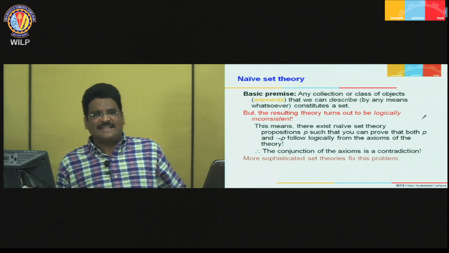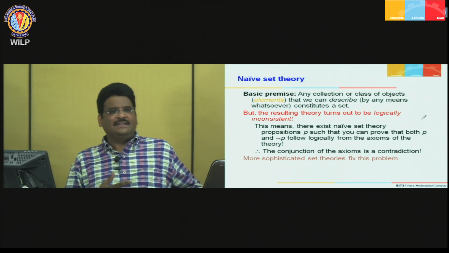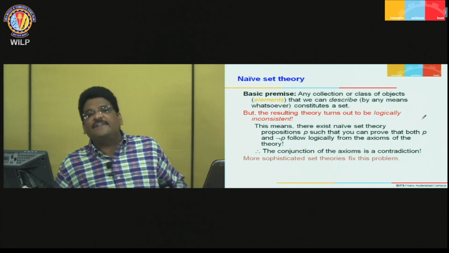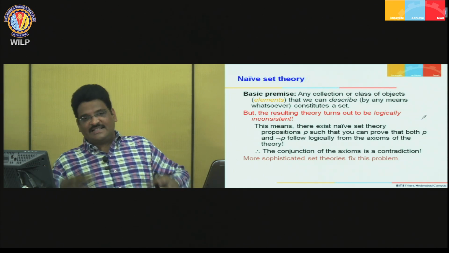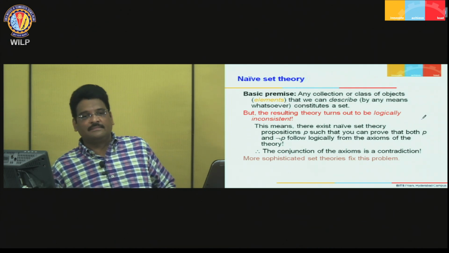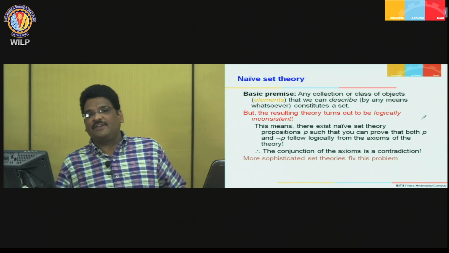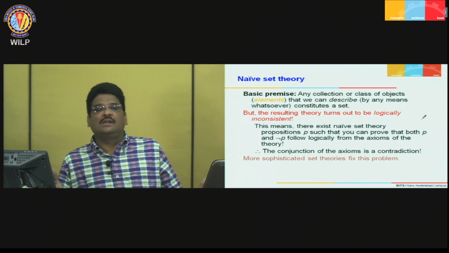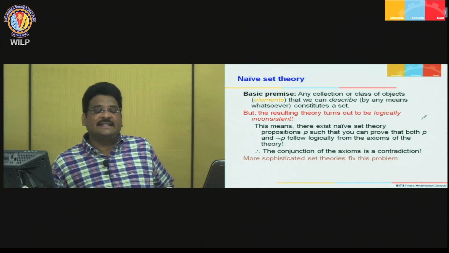In a similar way, naive set theory also has definitions of how we define a set, and it lays down some axioms. With these axioms and definitions, over time people discovered a proposition, a statement, which is true and false at the same point of time, which makes the whole theory, naive set theory, an inconsistent system.